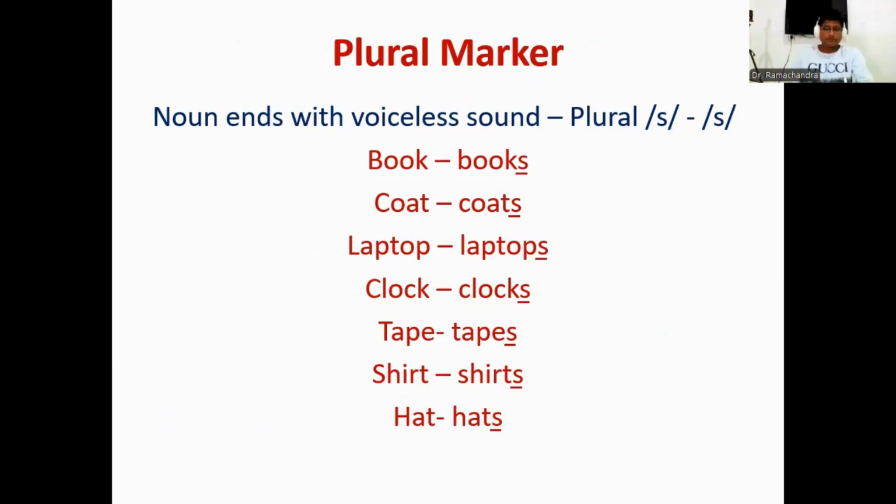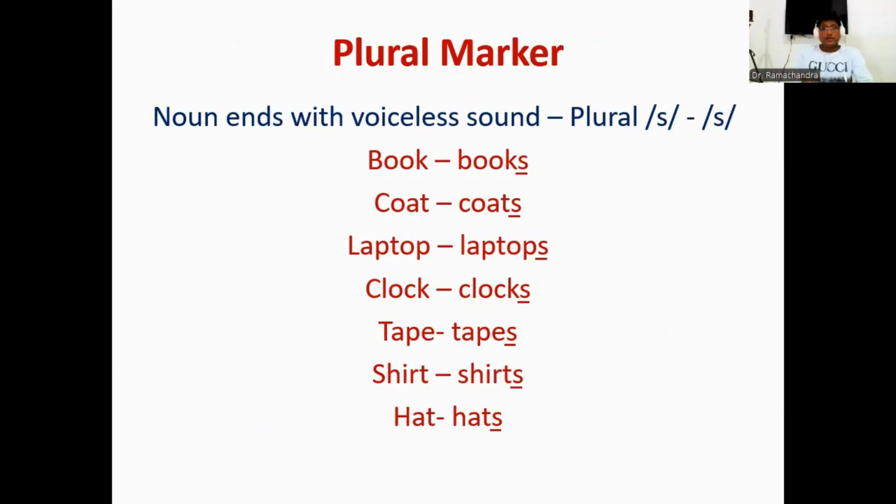Maybe in grammar, but not in phonetics. Look at this: shirt, t, shirts. Hat, hats. If a noun ends with a voiceless sound, in plural form the s stays s.